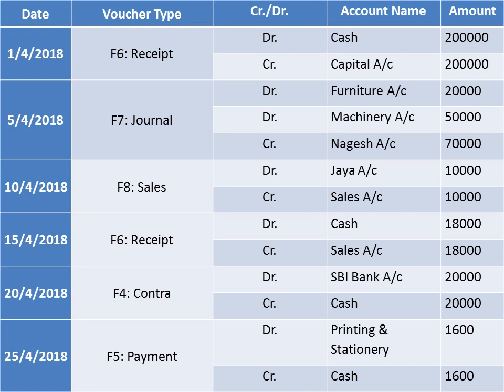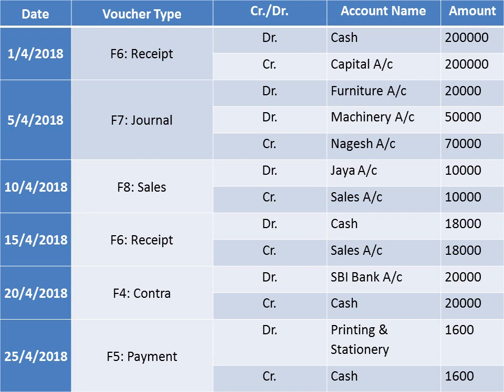The voucher entries are displayed here. Voucher date 1/4/2018. Whenever you want to change the date, you have to use the F2 key. So 1/4/2018, F6.